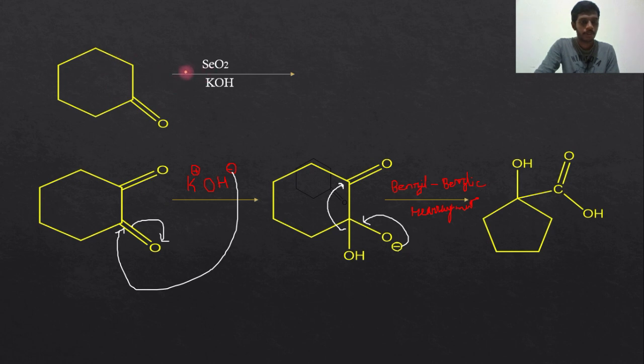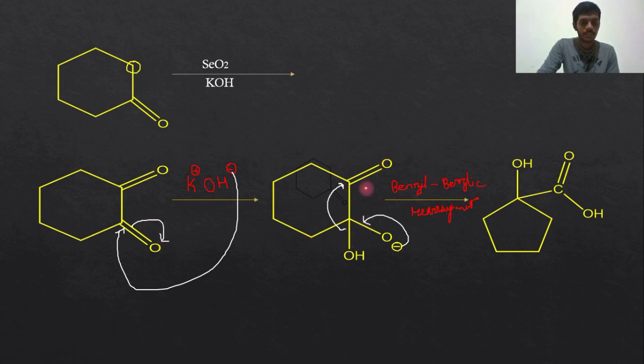See another example. This is a previous question. This is the active methylene group. You see the C double bond O near this group is acidic, so the oxidation happens at this position. After that KOH is added over here. The OH minus attacks this carbon and this will come as O minus.